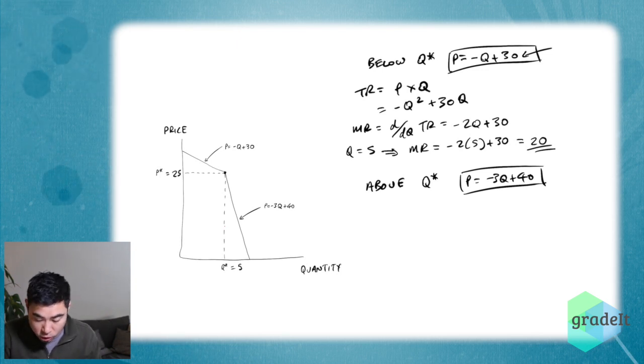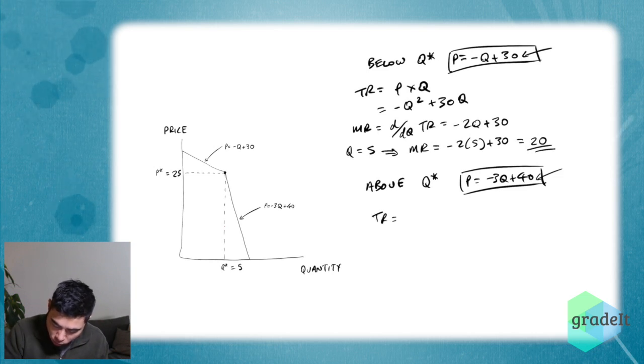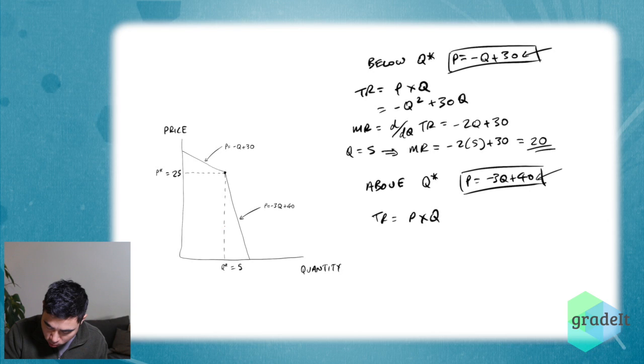And then part 3 of the question asks us to do exactly the same thing, but for quantities above Q star. So that's looking at that steeper demand curve, this one here. So again, total revenue is equal to price times by quantity. So just multiplying through by Q, you get minus 3Q squared plus 40Q.